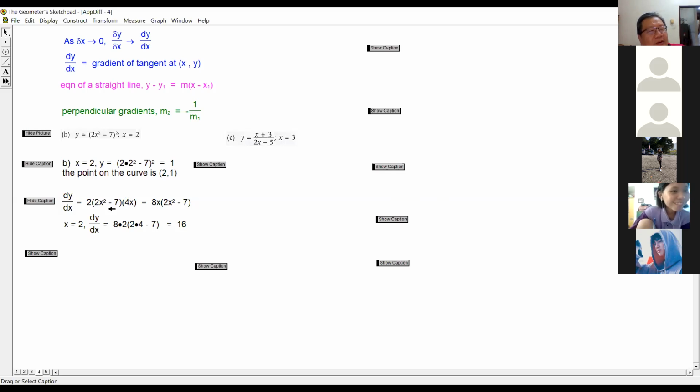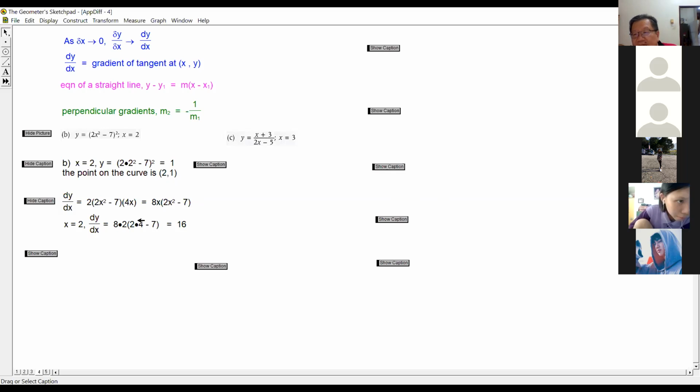Okay, so you still remember how to differentiate function of a function, right? Differentiate the power first, then differentiate inside the bracket. So we have this expression, 8x(2x squared minus 7). So this is the gradient function. The point is (2, 1). So I substitute 2 into the gradient function.